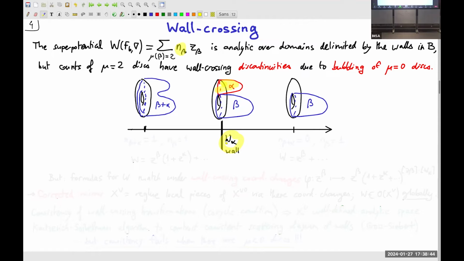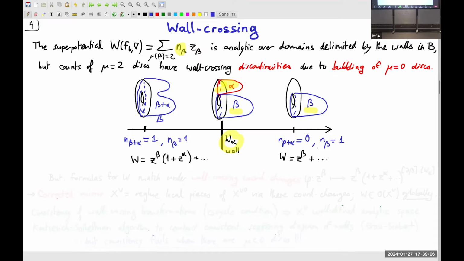And my given disk of class beta plus alpha might break into a union of two such disks, and then this is a boundary of a moduli space of disks in the class beta plus alpha. But then, of course, the remaining component in the class beta persists and in fact exists also on the other side. There's also a disk in the class beta here.